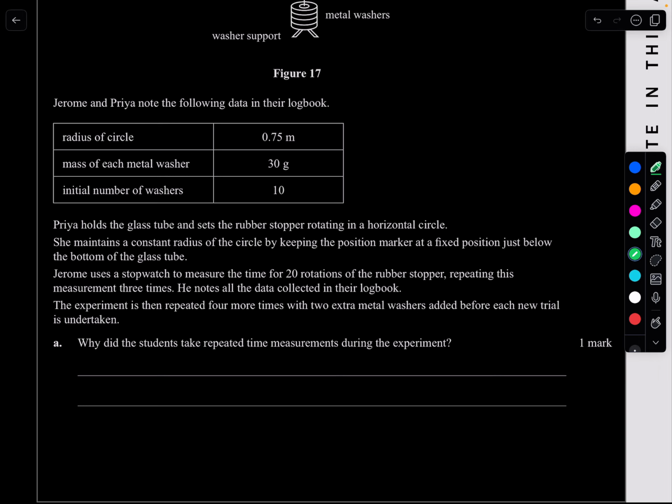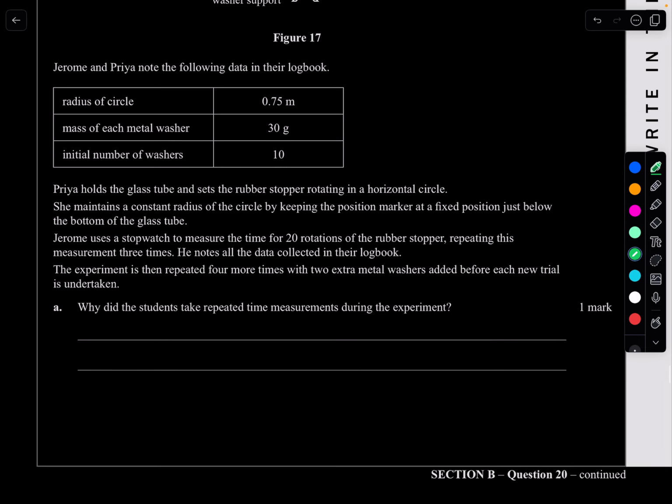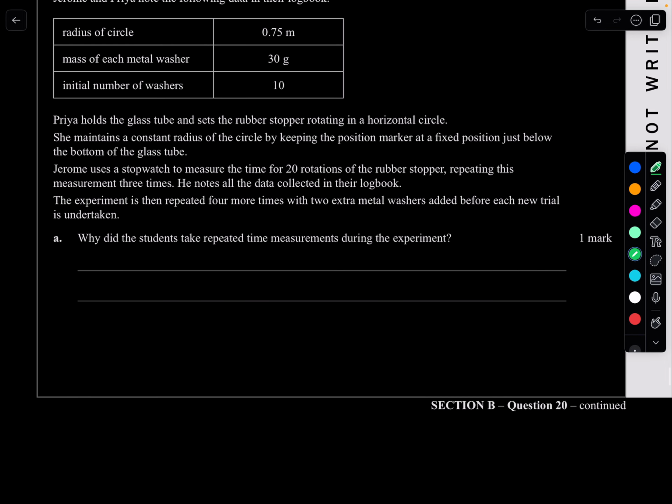When we average them out, we are decreasing the chance of random error. There's many other things you can say, but the most common is that when you repeat an experiment, you decrease the chance of random error. So let's just say 1 mark. So decrease random error. Beautiful.